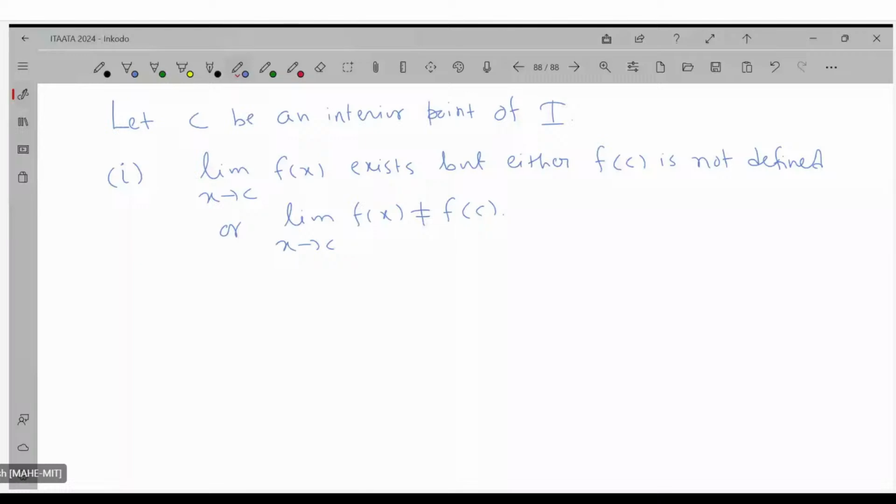So what type of discontinuity? It's a removable one again. So c is the point of removable discontinuity. So in this case, f is said to have removable discontinuity at c.